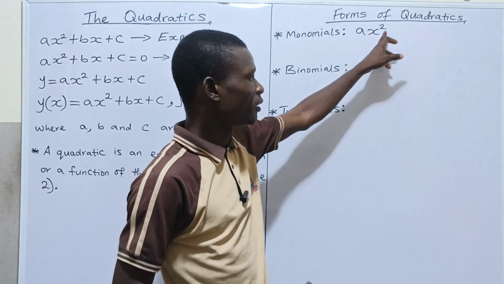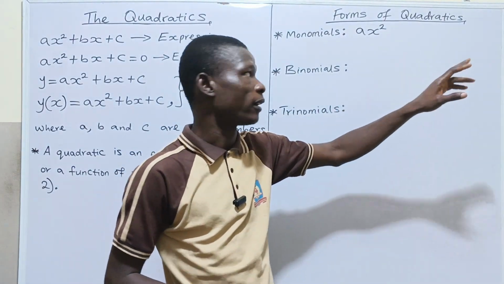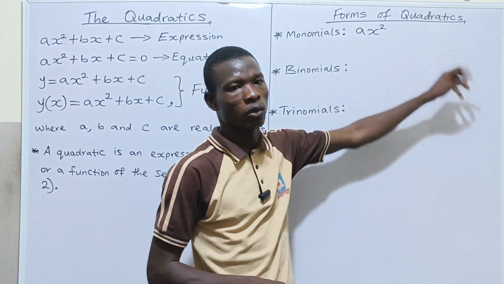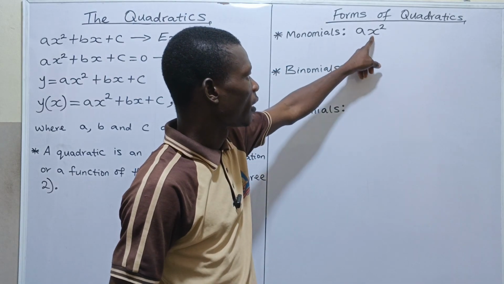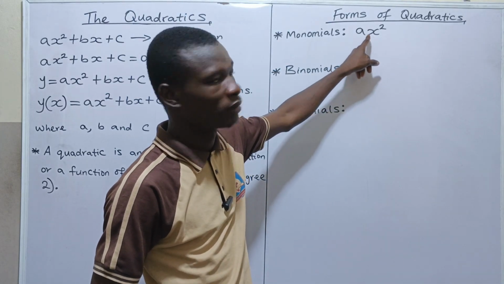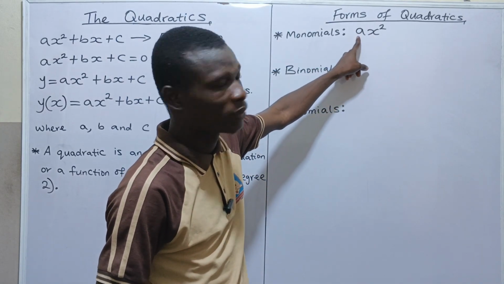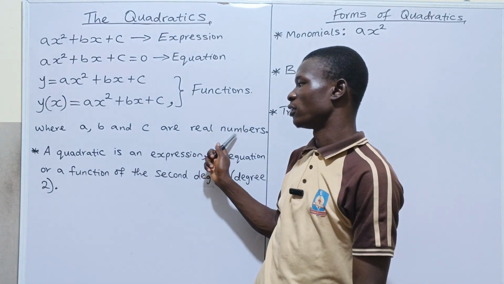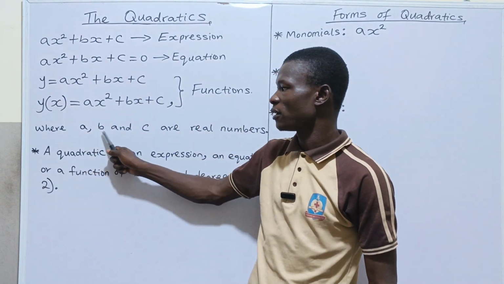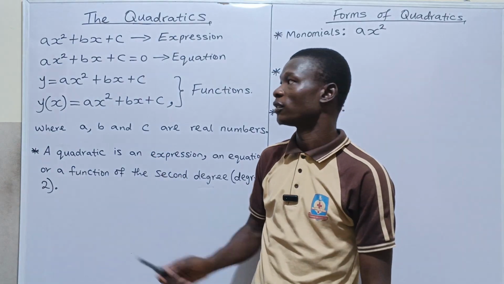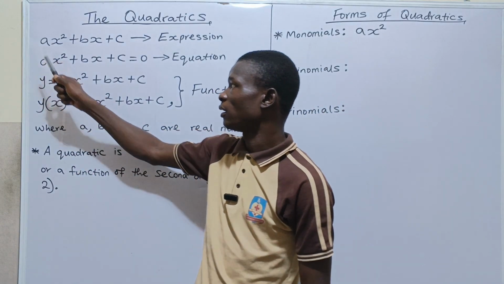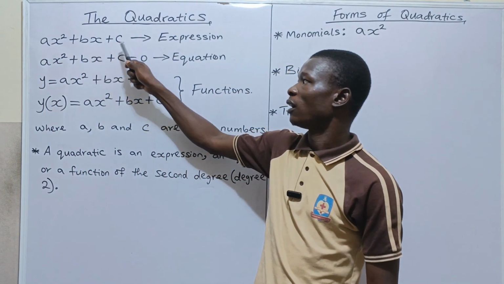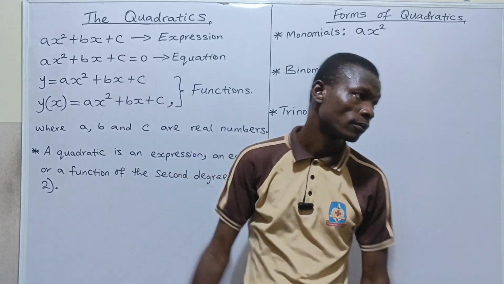The squared must be there because that's what qualifies it to be called a quadratic. The variable is x, and the coefficient of x is a. Don't forget, that a will be a real number because it says a, b, and c are real numbers. The coefficient of x squared is a, the coefficient of x is b, and the constant is c.